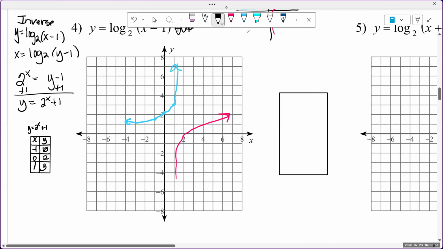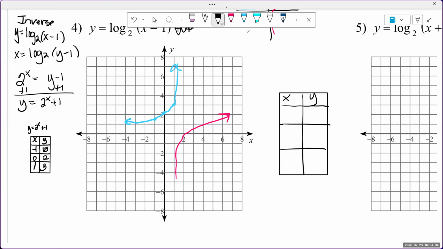Since I know that it's an inverse, I'm going to make a table and switch the x and the y values. So instead of -1, 1.5, I have 1.5, -1; 2, 0; and 3, 1. I just switched the individual x's and y's.